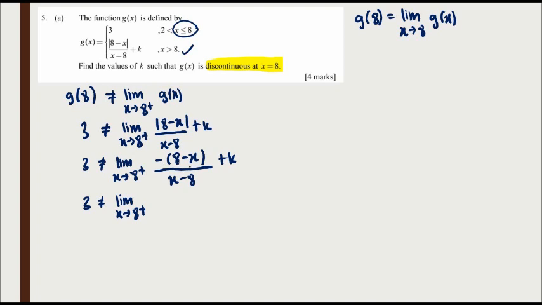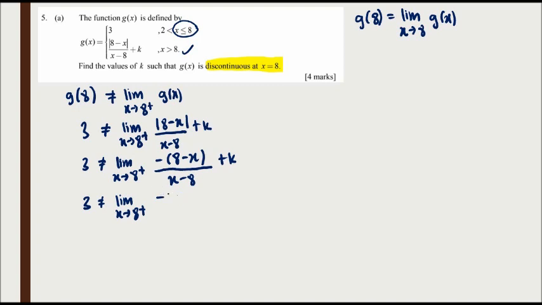We factor out the negative from the absolute value function, and if we factor out negative again, the negatives cancel, so that will actually be a positive.